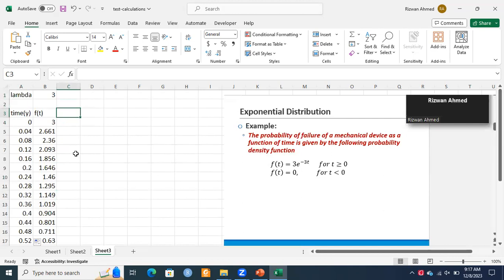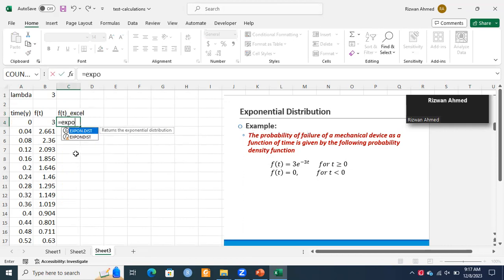Now, this value is also possible with Microsoft Excel. So I write here how to compute from Microsoft Excel. This value is governed by the exponential distribution, so I write exponential dot distribution. The function is available in Microsoft Excel, and see how it works.